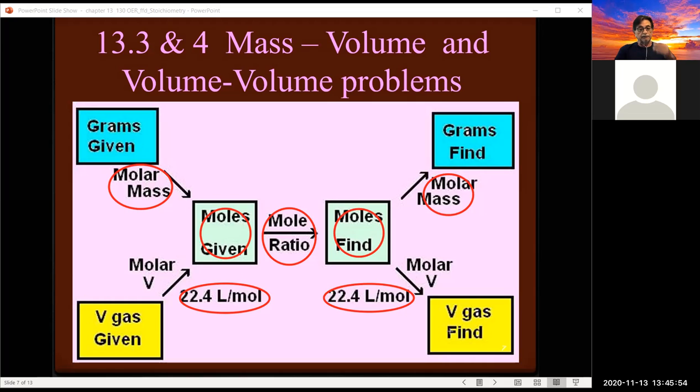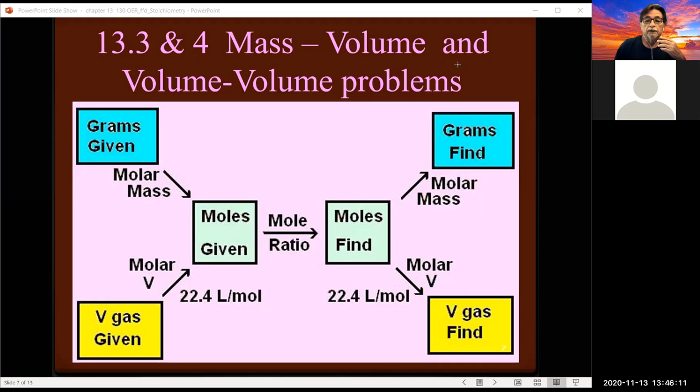That's going from left to right, but bear in mind, you can start at the bottom right corner and go to the top left corner. Okay, you're not limited to that. All these arrows really are two-way arrows. You can go in multiple directions. In fact, let me make these arrows two ways. Okay.